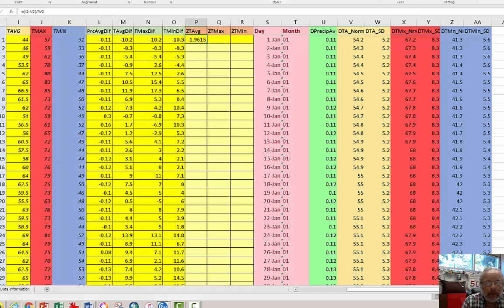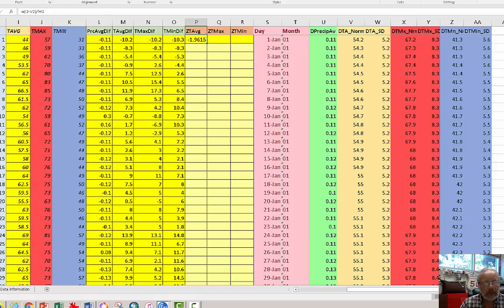1.96. Crudely, we would translate that onto the normal curve and say that anything that approaches 1.96 has only a chance of about 5, or in this case, because it's negative, depending on the way you look at it, 2.5 chances per 100 of happening.